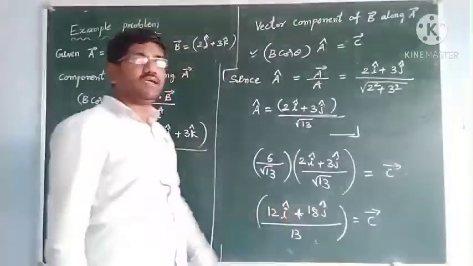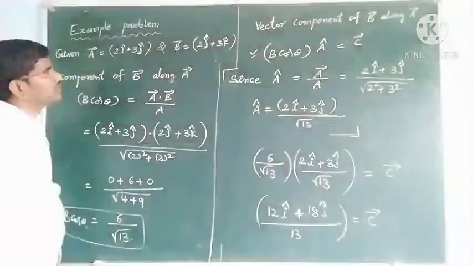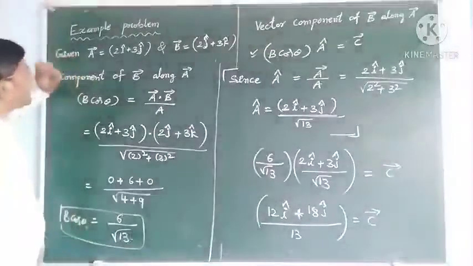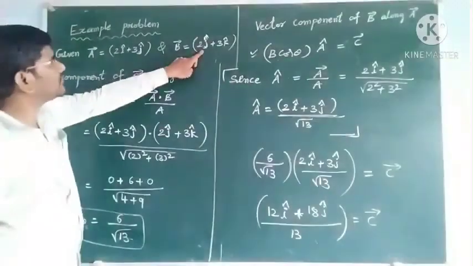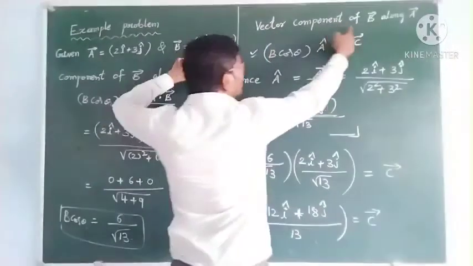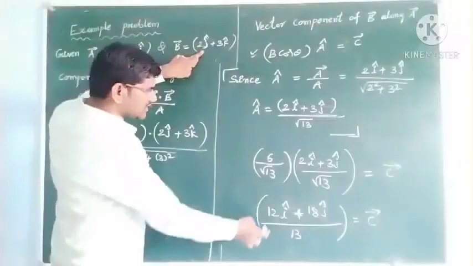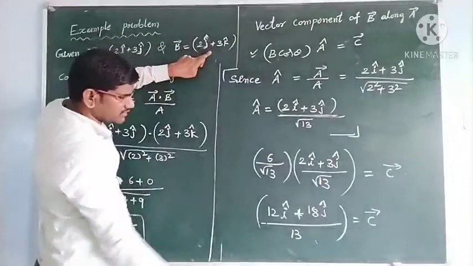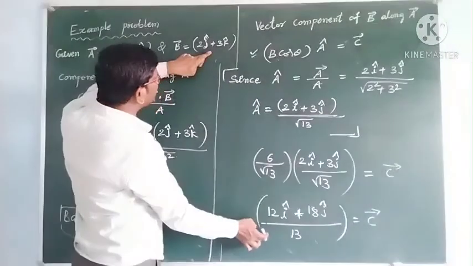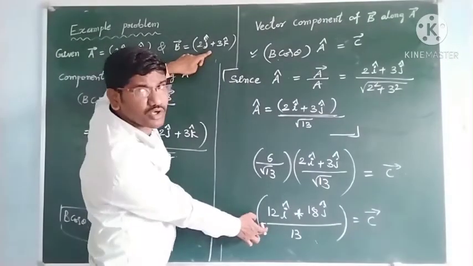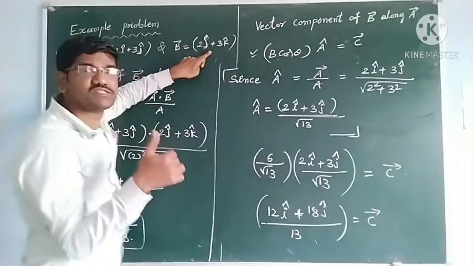And similarly, now what will you do students? You have a b bar vector and you have a vector component of b bar along a bar. From the b bar vector, if you subtract this one, we will get a vector which is perpendicular to a bar.